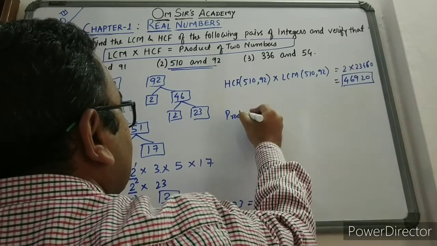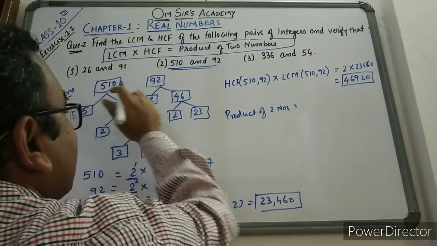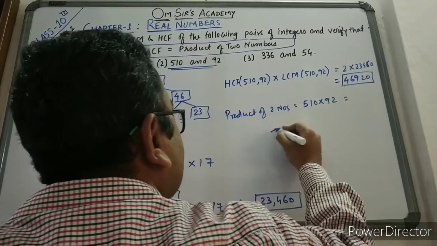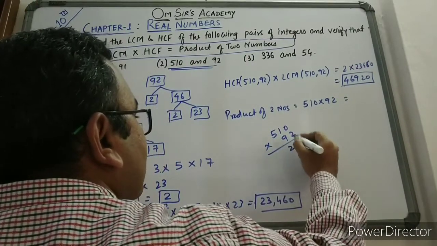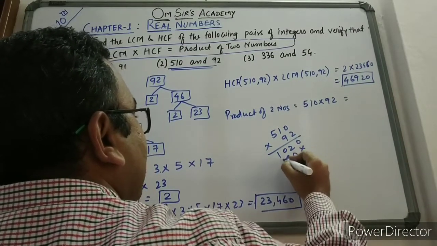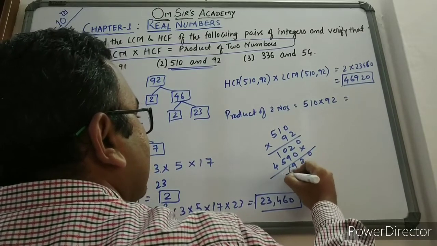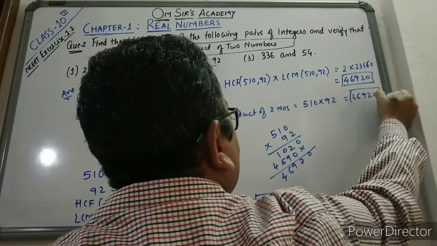Now I multiply the product of two numbers. So the product of the two numbers is 510 into 92. What answer will I get? 2 zeros are 0, 2 ones are 2, 2 fives are 10, 9 zeros are 0, 9 ones are 9, 9 fives are 45. So again I get 46,920.